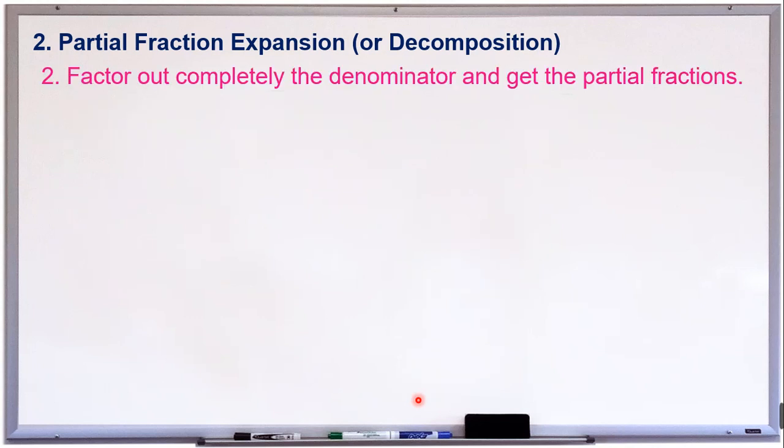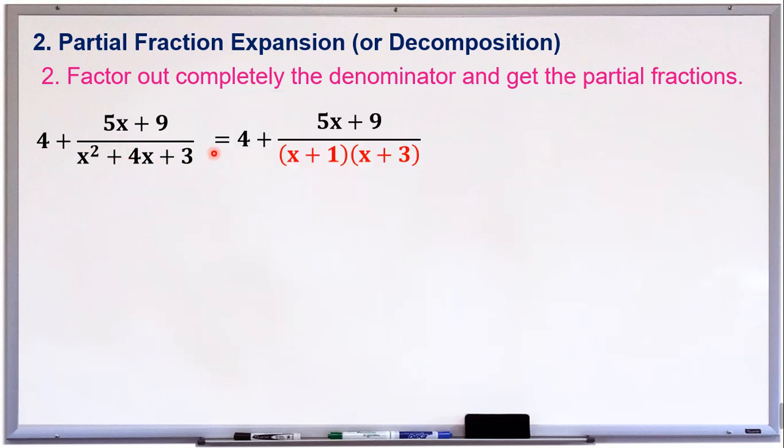So the next step is to factor out completely the denominator and get the partial fractions. We have here 4 plus 5x plus 9 all over this expression. So we're going to factor x squared plus 4x plus 3. This is a trinomial.